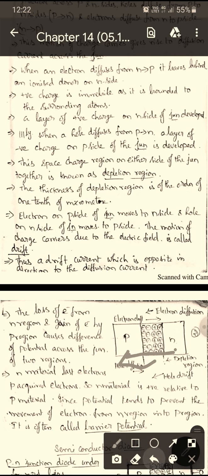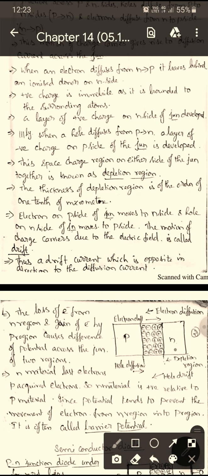We can see the layer of positive charges developed here along the n side, because the electrons moved from the n-type semiconductor to the p-type semiconductor. So positive charges develop nearer to the n-type semiconductor.